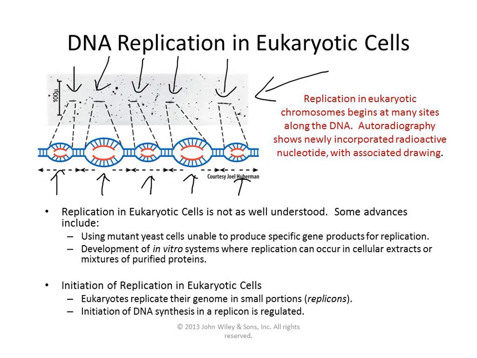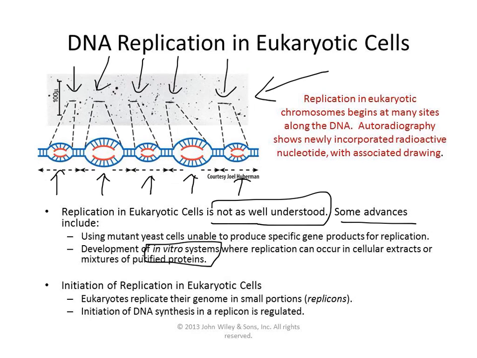So after looking at eukaryotic cells and their replication, there's still a lot that's not well understood. Some advances in our understanding have been made using mutant yeast cells, looking for specific mutational changes that prevent replication to highlight specific proteins that are involved in the process, and also in vitro systems such as using Xenopus egg oocytes and taking these extracts that have all the different important proteins needed for DNA replication, and adding or removing certain components and looking to see what would be important for replication as a whole.